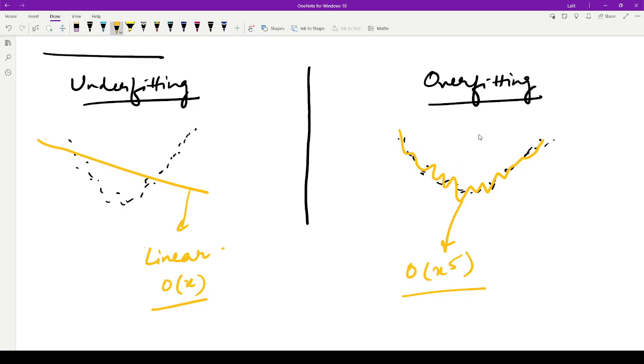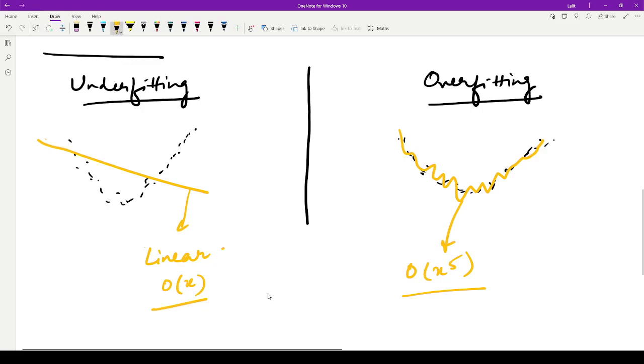So when you overfit, you are trying to fit the noise in the data points as well. But when you underfit, your model doesn't have enough expressibility to fit this set of data.